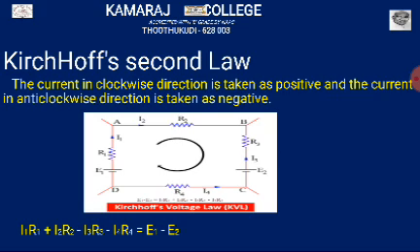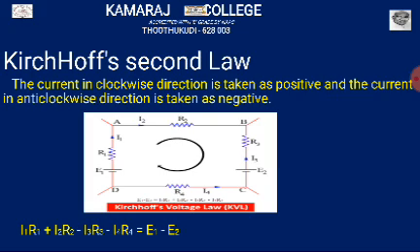So using the second law, the product of current and resistance: from the DA part we have to take I1 R1, and AB part I2 R2, and BC part minus I3 R3, and in CD minus I4 R4. So we have to write the algebraic sum of current and resistance: I1 R1 plus I2 R2 minus I3 R3 minus I4 R4 is equal to the sum of EMFs.